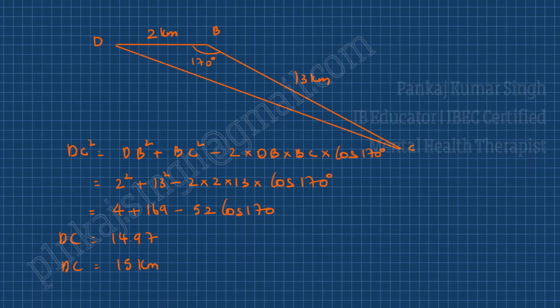And that gives me the value for DC as 15 kilometers.